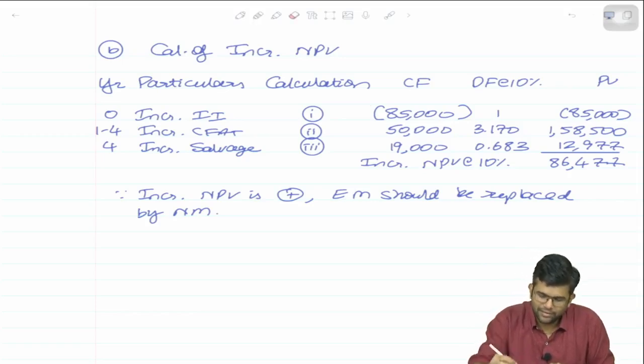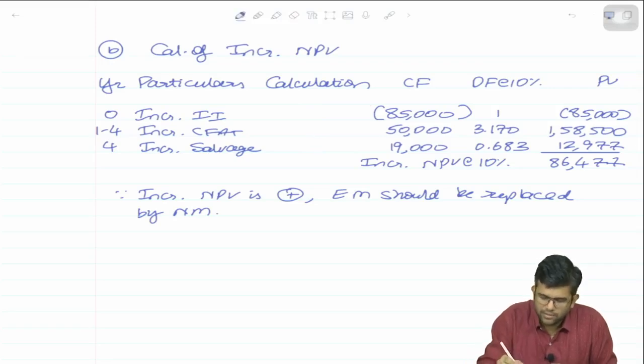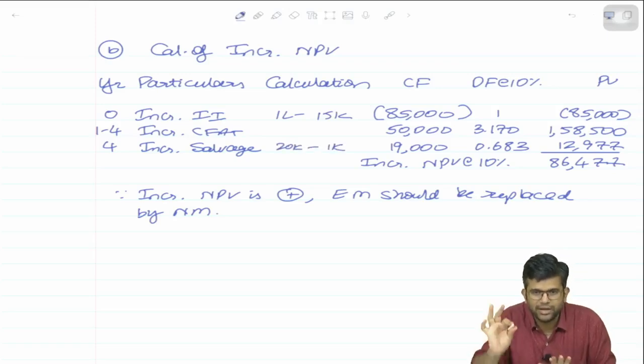How did we get 85,000? We got 85,000 by doing 1 lakh minus 15. Remember, 1 lakh minus 15. How did we get 19,000? We did 20,000 salvage of new minus 1,000 salvage of old, correct?